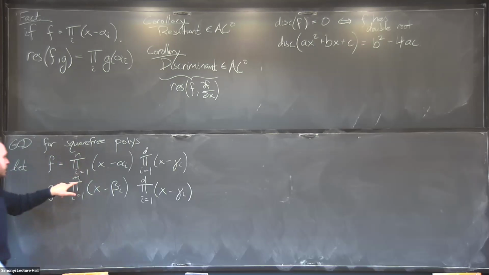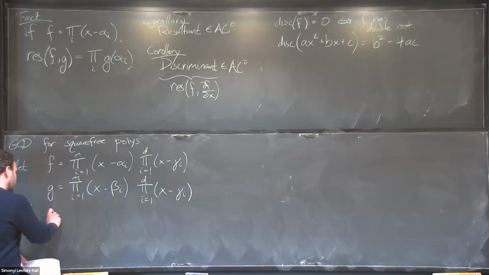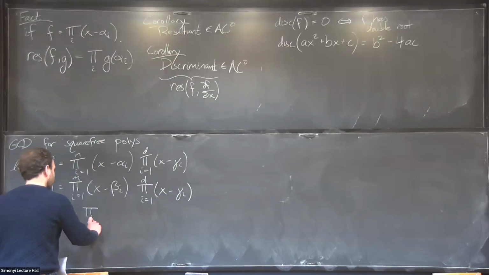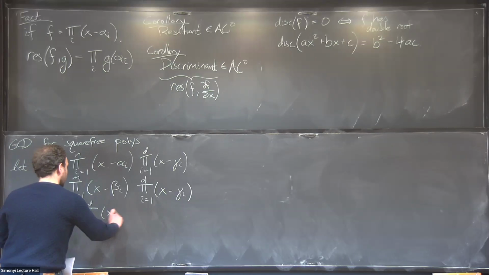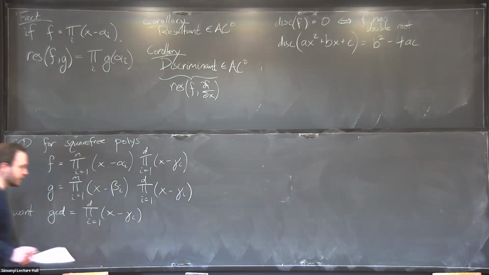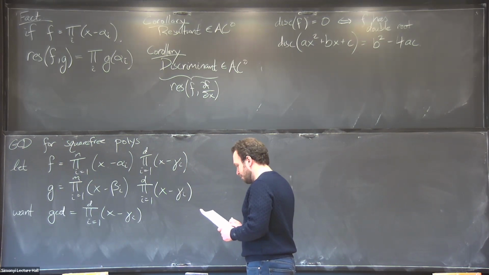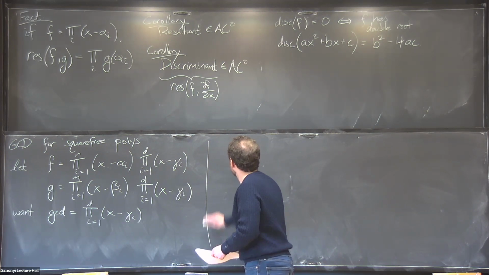There are n plus m plus d distinct numbers here. None of them are secretly equal. What we want, well, we want the GCD, right? Which we know is going to be the product of the x minus gamma_i. So how are we going to do this? Well, let me show you a trick.